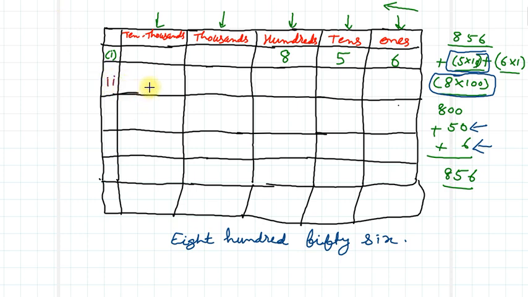If I write thousands column 7, hundreds 4, tens 9, and ones 3, then how will we write it?